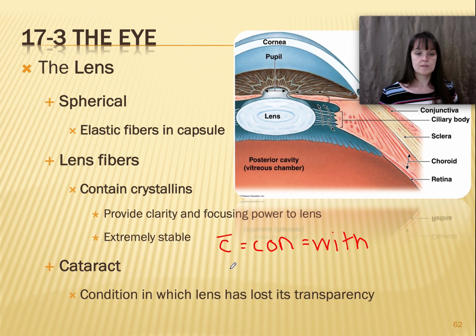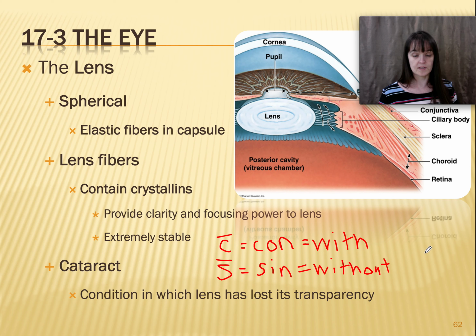And then s with a line over it means sine, which is Latin for without. If I recall correctly, the Spanish word con means with, and the Spanish word sin means without.